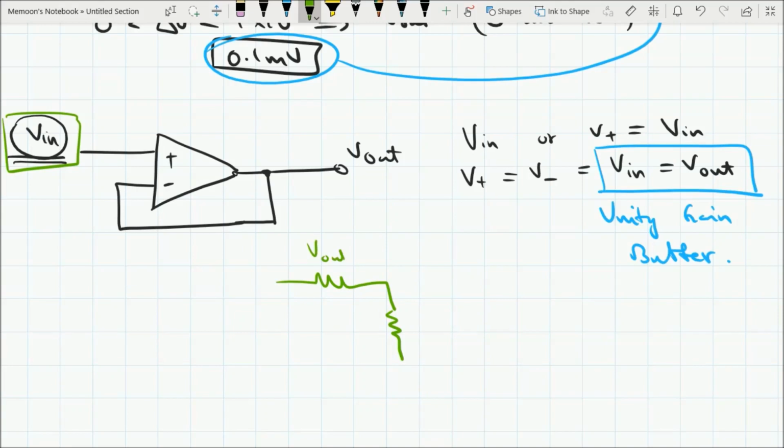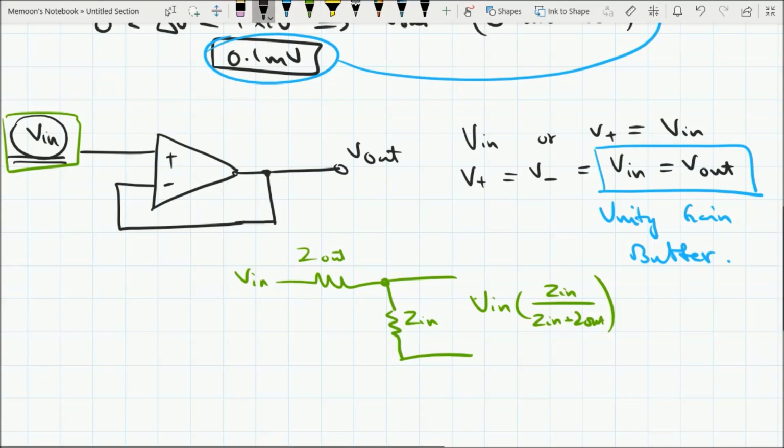So this would be the Z out of the source, and this would be the Z in of the load. And if there was V in coming here, only a fraction of V in will be delivered to the next circuit actually because of the loading effect, Z in over Z in plus Z out, right? So it will be divided.